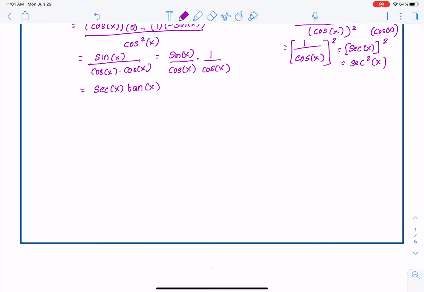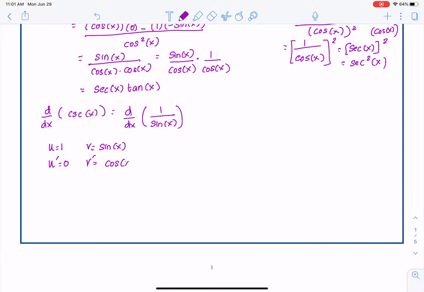Let's find the derivative of cosecant x in a similar manner. Cosecant x is simply 1 over sine x. If I define u as 1 and v as sine x, the derivative of u is 0. The derivative of v is cosine x.